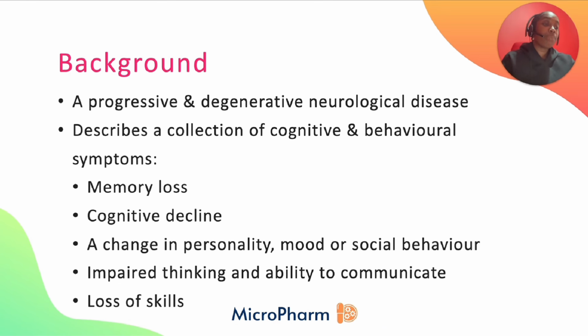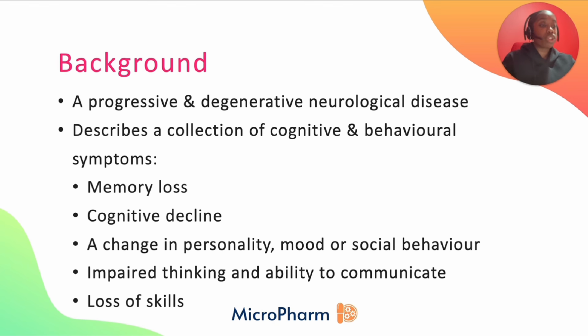There can be an impaired ability to communicate, for example, using words incorrectly. So they might want to say table, but they say door instead. Or they might have general trouble speaking. As dementia progresses, there's a loss of skills, for example, being unable to wash, dress, cook, and people can have problems with movement, which again affects their ability to carry out those types of skills.